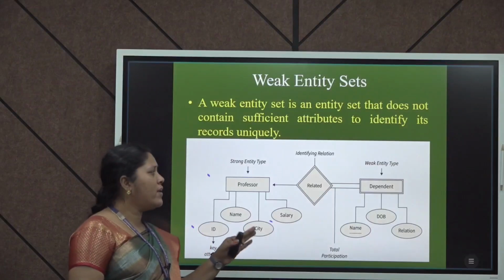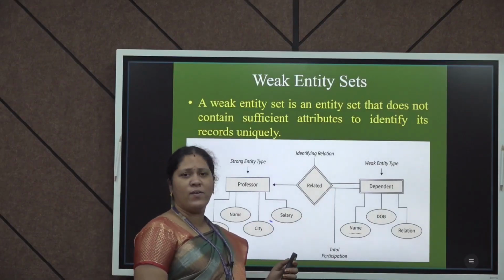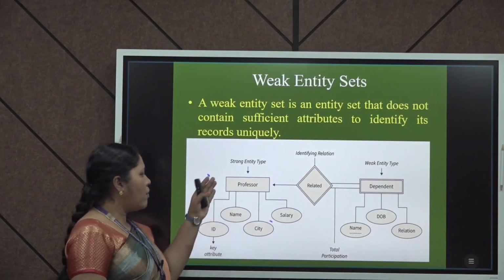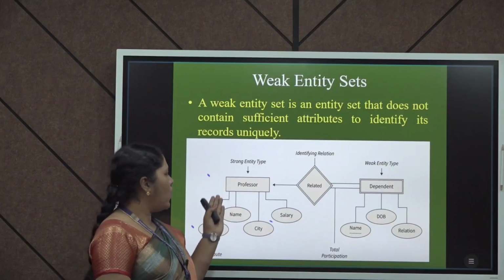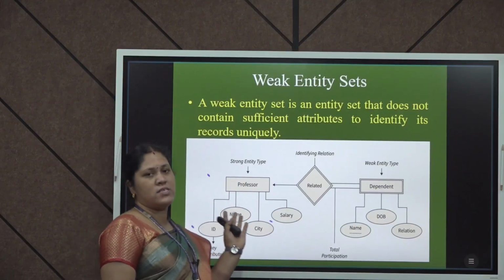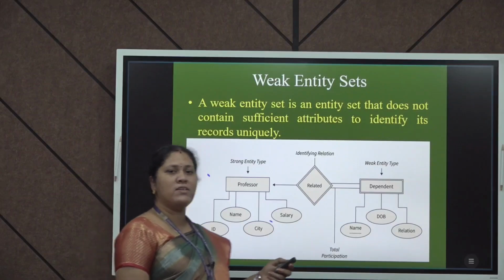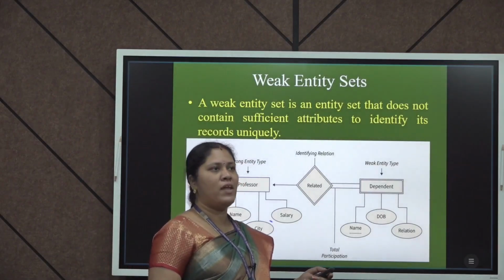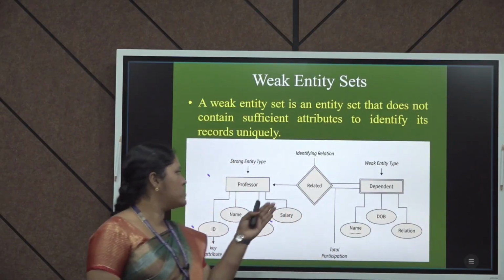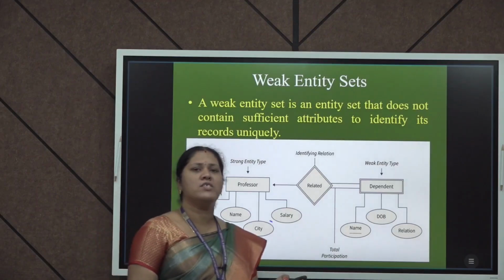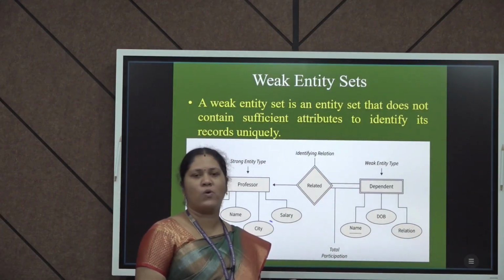They are related via the relationship related. For the professor, all the details are given: his name, his city, his salary and his ID. Dependent may be the relationship of a person with the professor: his father, his mother or his spouse.